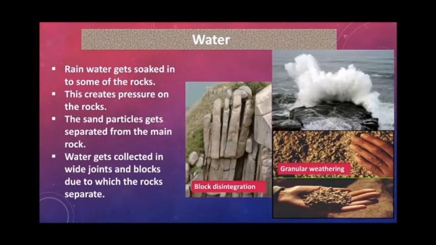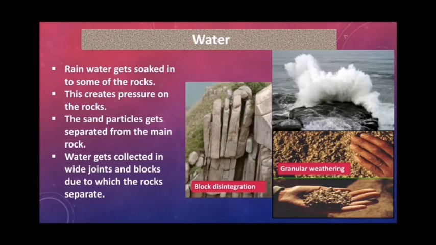These rocks are formed because of pressure on the collection of sand particles. Mud also makes sand particles come together. When water enters into such rocks, the particles get loose and separate from the main rock. So this process is called granular weathering.